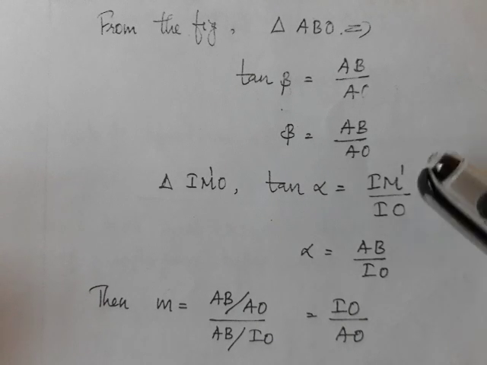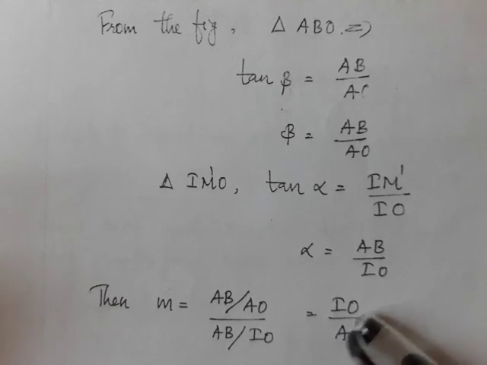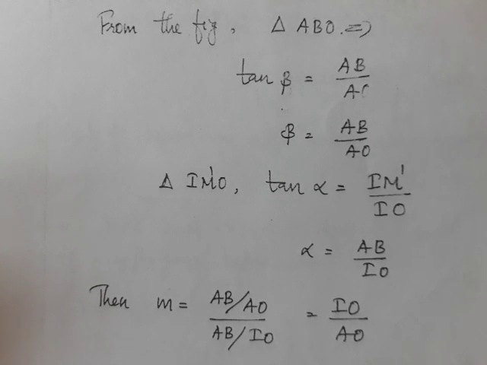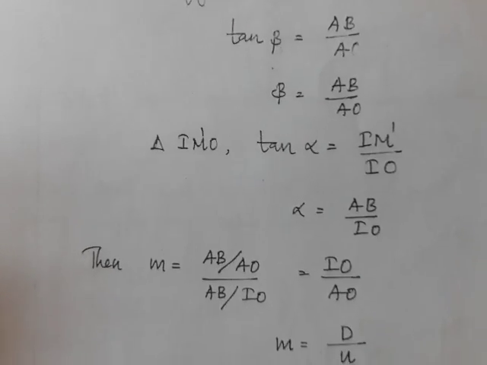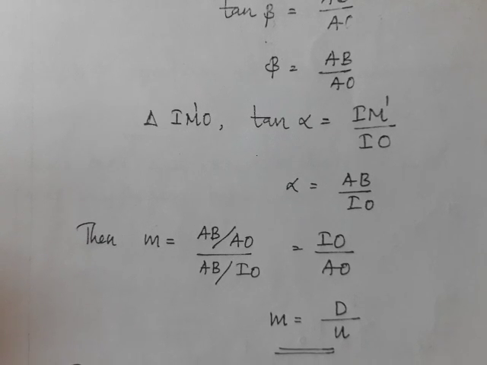We divide that, we get IO by AO, which is, IO is D and AO is U.